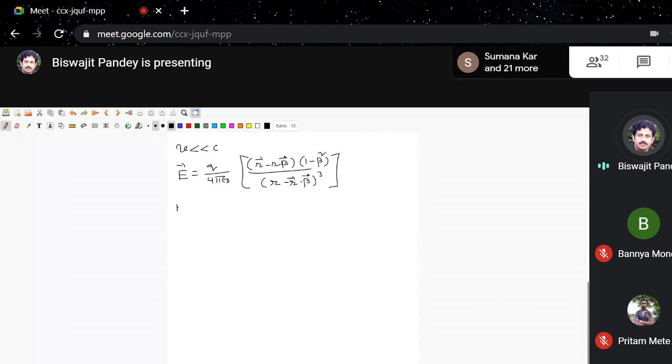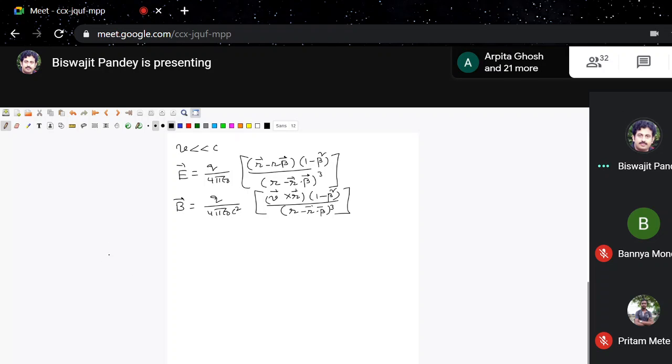And B is q by 4 pi epsilon 0 c square times beta cross r. The c was taken here, so I am writing 1 minus beta square divided by r minus r dot beta cube. If I write one c here, it will be beta. No problem.